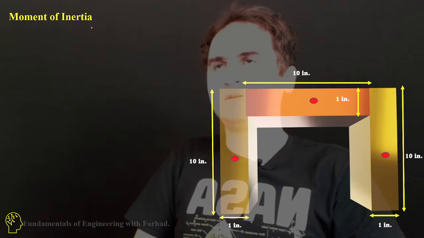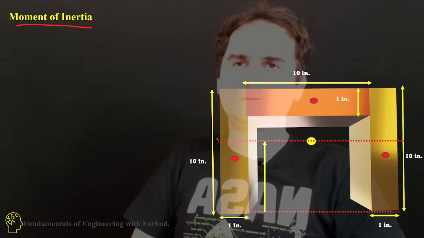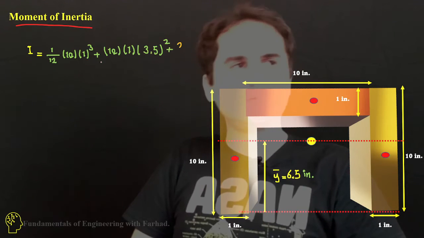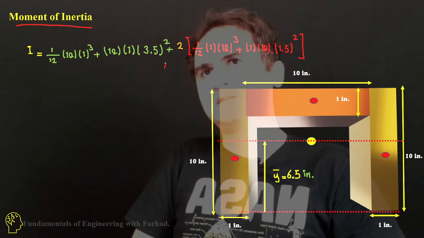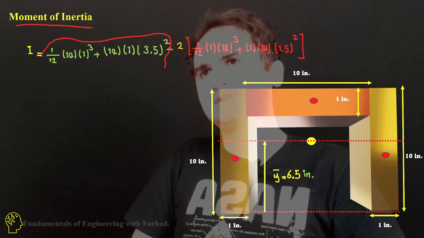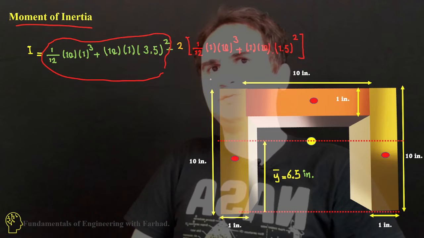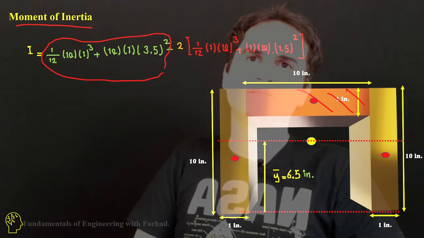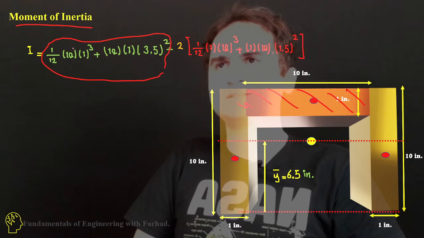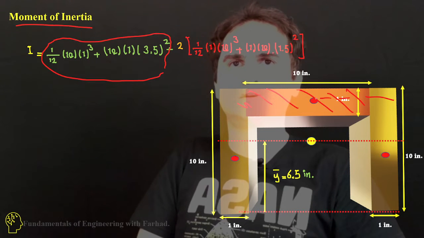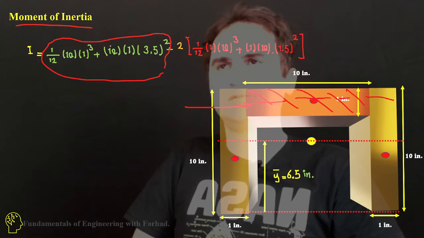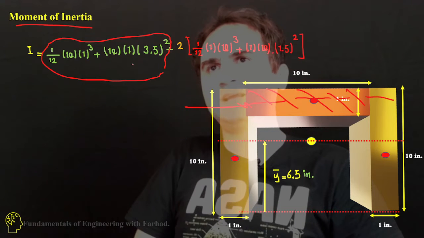The moment of inertia is then found by applying the parallel axis theorem. I is the green part over here, the top part: 1/12 base times height cubed, that's 10 times 1 cubed, plus A d squared.